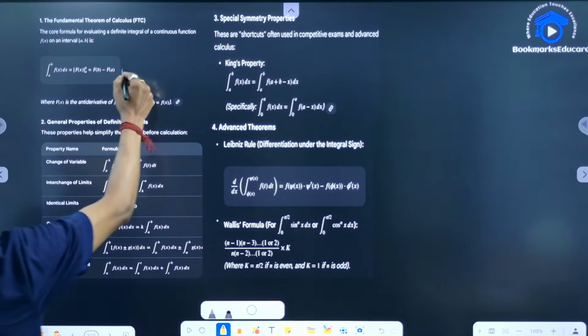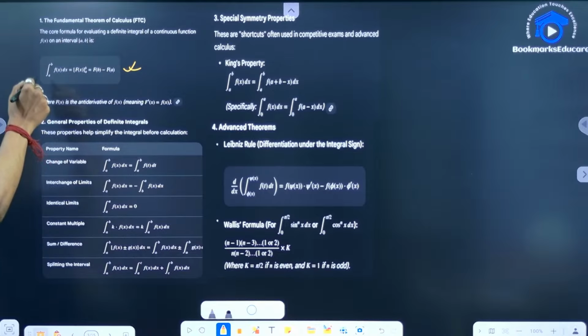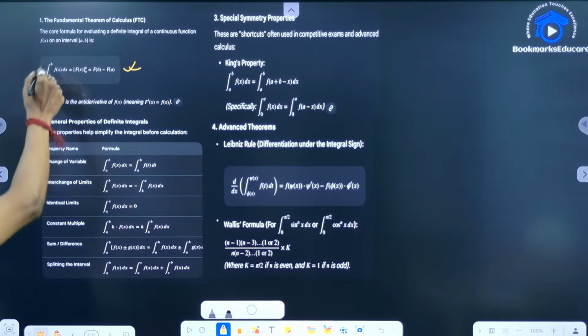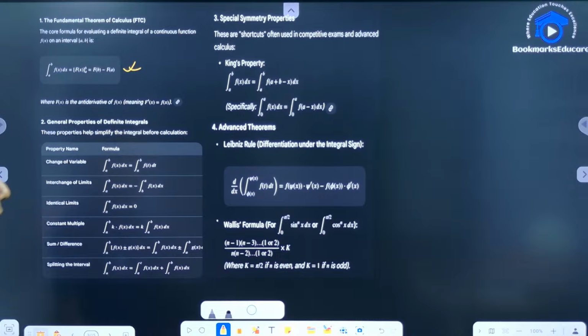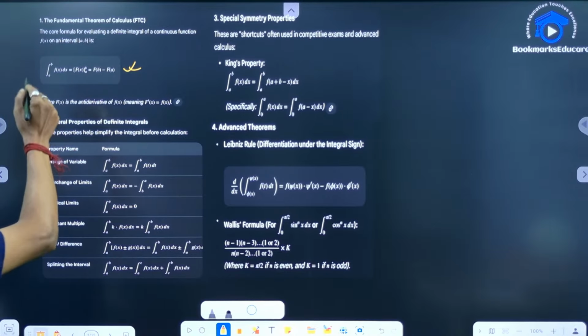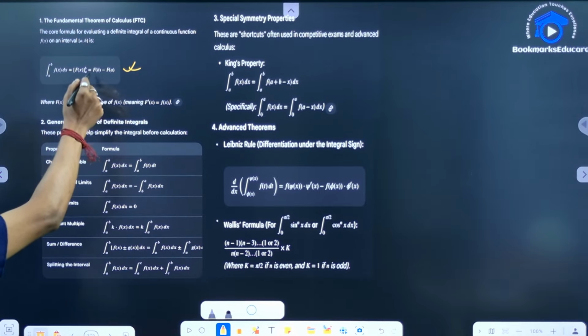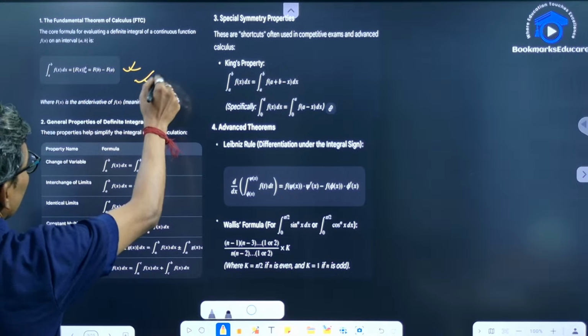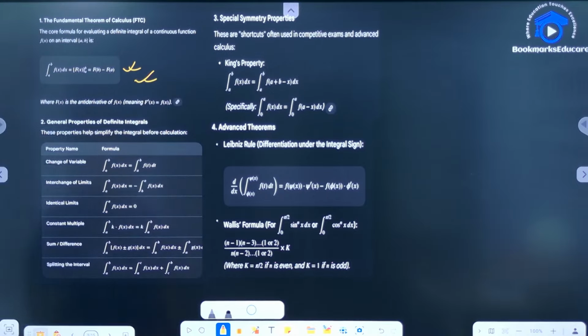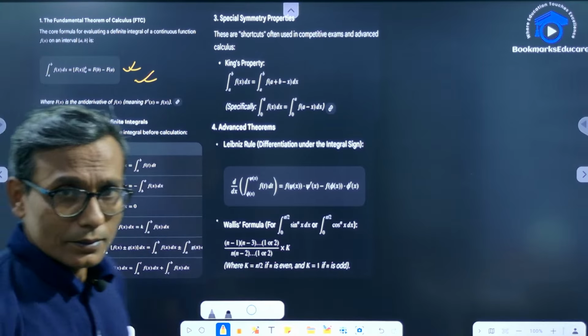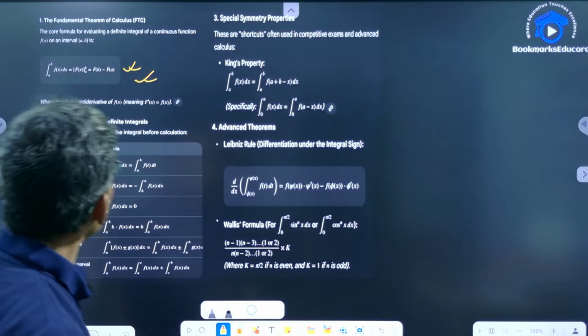If the integral from a to b, where the lower limit is a and the upper limit is b, of f of x dx equals F of b minus F of a, this is the fundamental theorem of calculus.